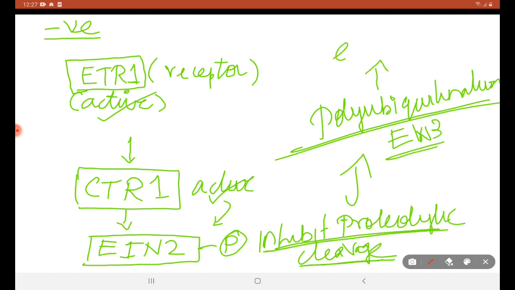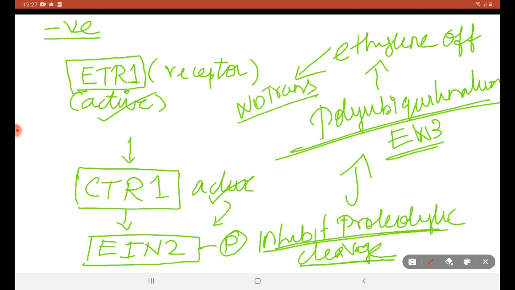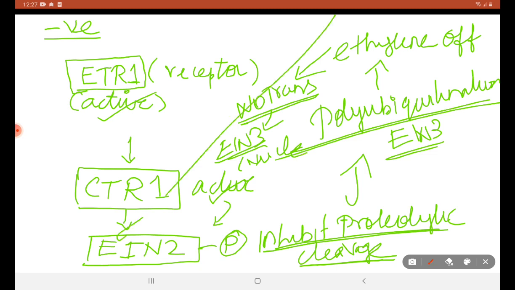The ethylene response gene is turned off. No transcription occurs. EIN3 is degraded in the nucleus. This is one side of the story.